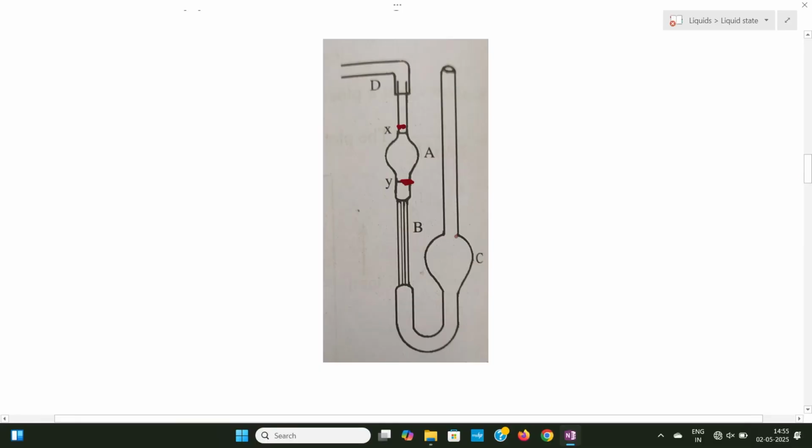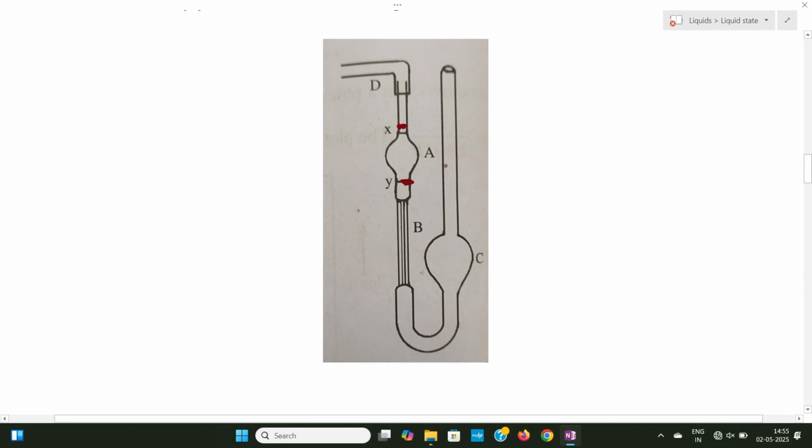And here we have an Ostwald viscometer. Here we have a big bulb and the liquid is introduced through this end, and we will suck it using a rubber tube up to here at X. Then we will allow the liquid to fall out and the time of flow is noted.